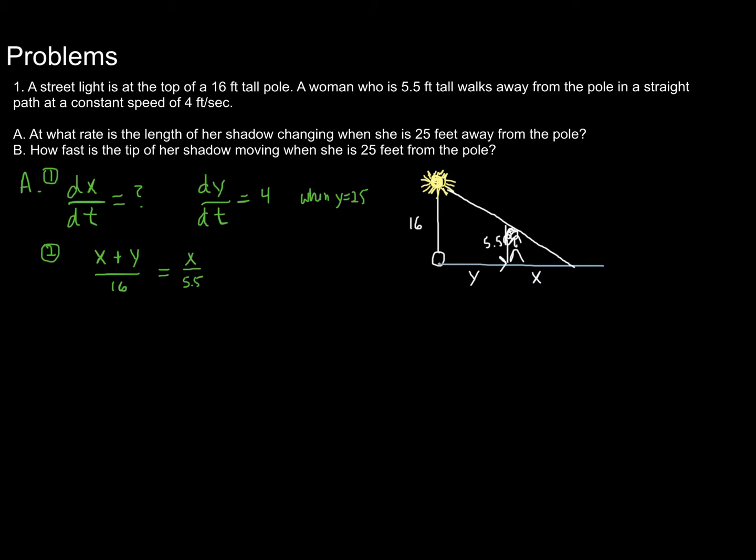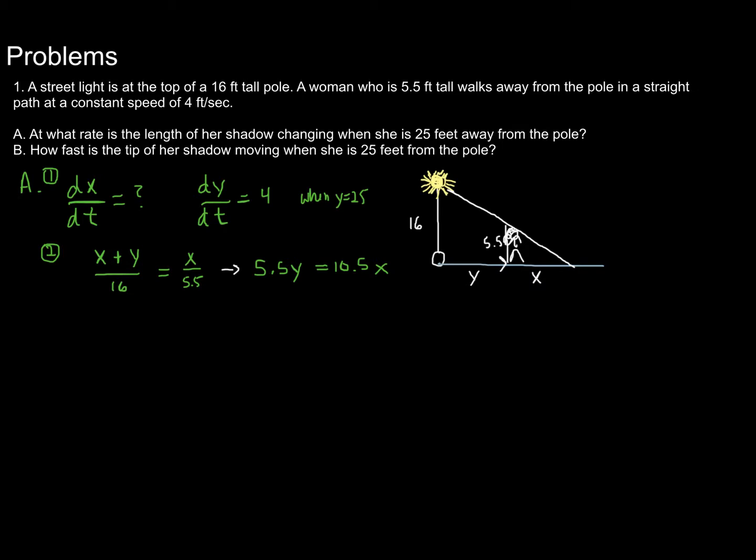So I'm able to write this equation here. Now I'd like to simplify this a little bit. I don't like to deal with fractions when I differentiate, so I'll multiply by 5.5 and by 16, and then I'll have 5.5x plus 5.5y equals 16x, and I can collect all the x's on one side.